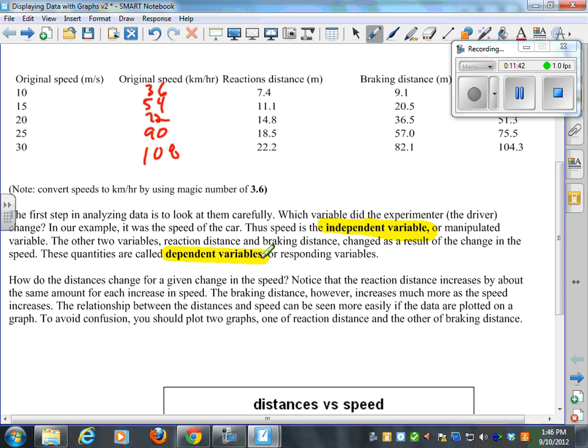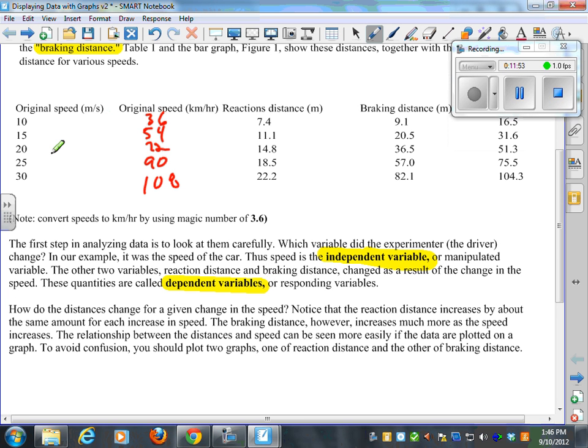There are very rare occasions when I switch them. It's usually because the dependent one is usually the one that you actually measure, right? Like in this case, we would have had someone driving at 36 kilometers an hour, and then we would have checked to see how long it took them to brake, right? Okay? And we would have a graph that would look kind of like this.